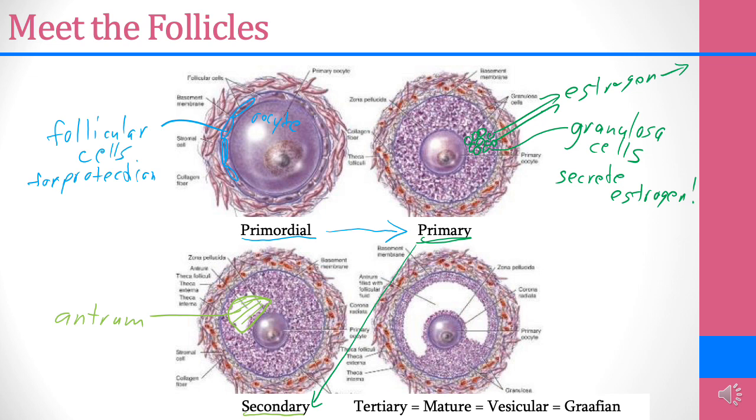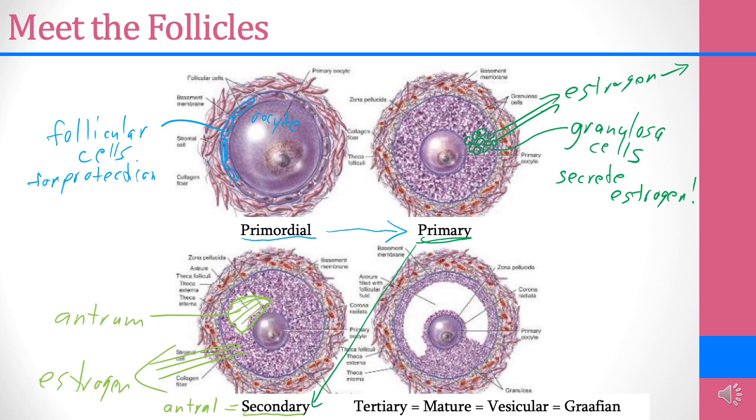Okay, so secondary follicles are also sometimes called antral follicles because they have an antrum. They continue to have granulosa cells, which continue to secrete, in this case, even more estrogen.